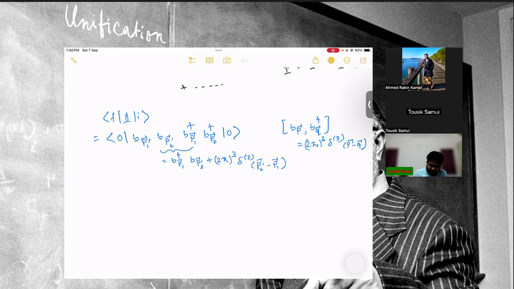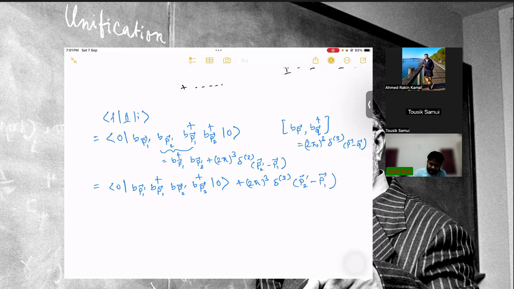Okay, so let me write it. So <0| b_p1 ... b_p' ... dagger |0> plus 2 pi ... and of course we have the normalization factors that I have written here.